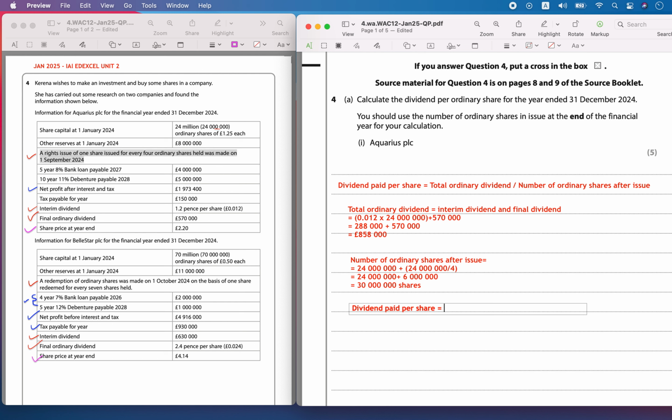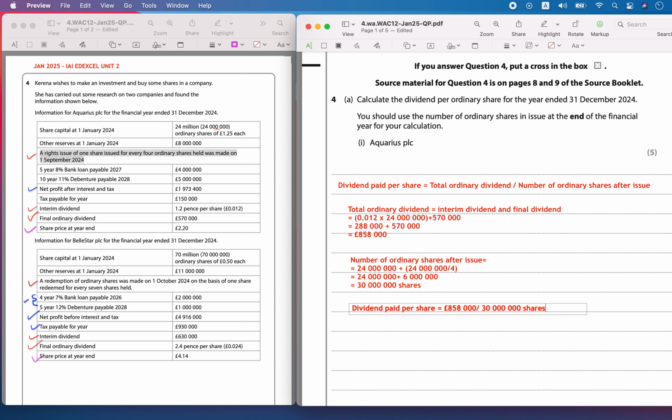Now let's calculate the dividend per share issued, which is equal to the total ordinary dividend. The total ordinary dividend issued by this company was 858,000, divided by 30 million shares.